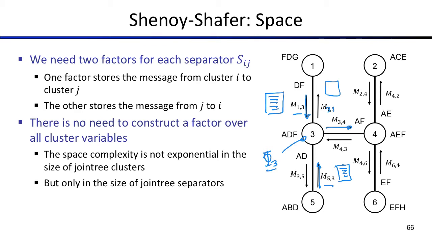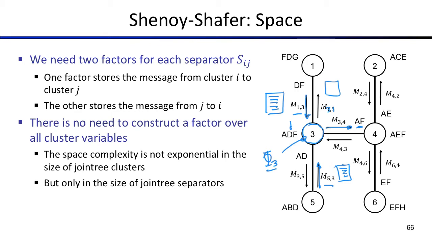In this case the separator is AF, so I will eliminate the variable D that I have here, right? That will occur for every message that I want to compute, because I'm not storing any computation in the nodes. Every time I need to send a message, I will take all the incoming messages that I got, multiply by the factors that I have stored in my node, and eliminate the variables that do not belong to the separator.